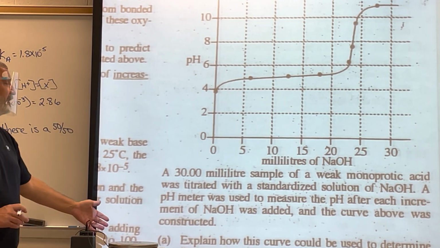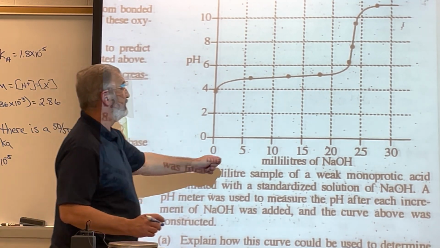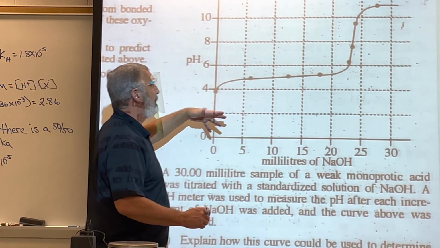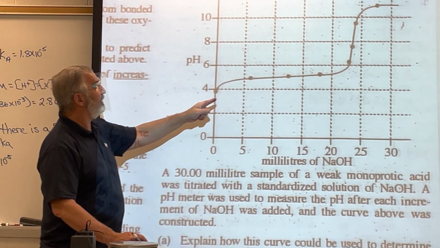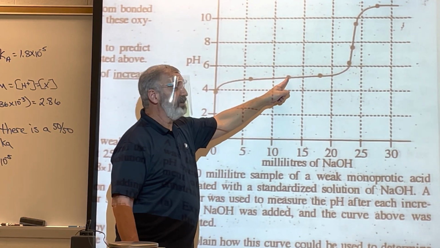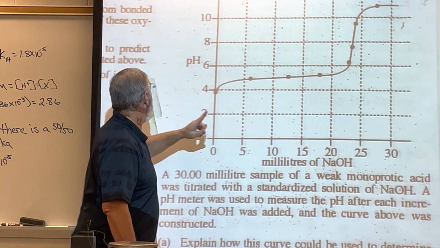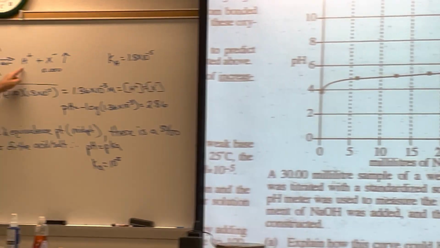So explain how this curve can be used to determine the molarity of the acid. Okay? We can use the equivalence one. We'll come back to that one. But at the halfway point, notice again, from here to here, you have more HX in the solution than you do H plus or X minus.